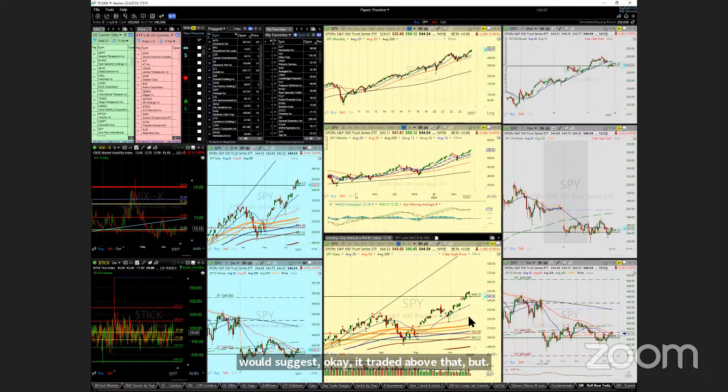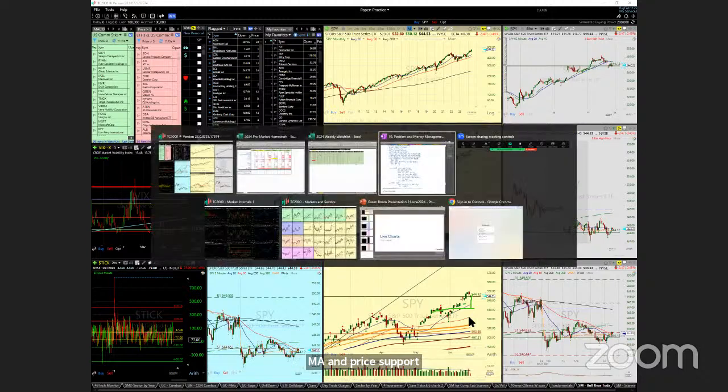Is it extended? Whereas if prices are closer to support and the 20, there's a greater probability that a trade above the level would go further than being some distance from the 20 MA and price support.